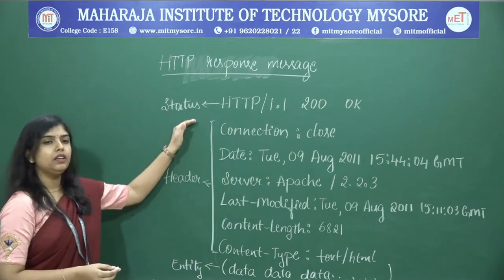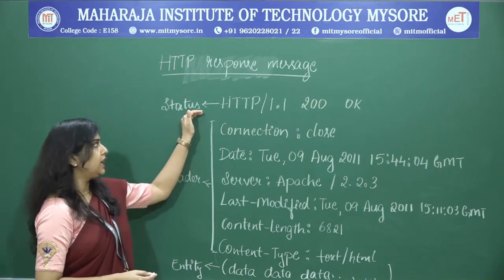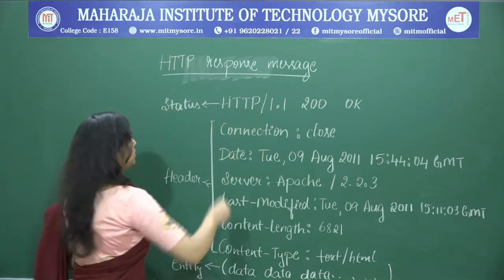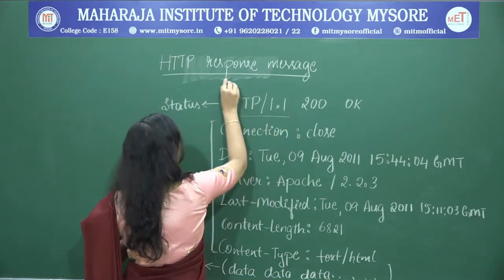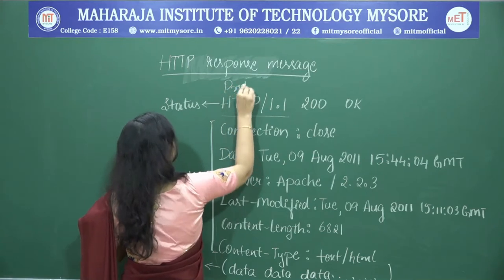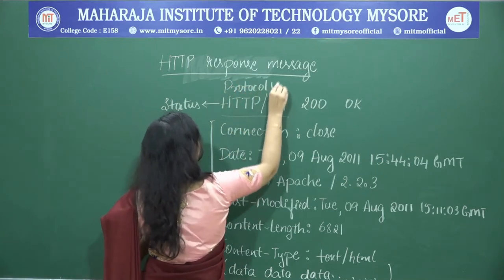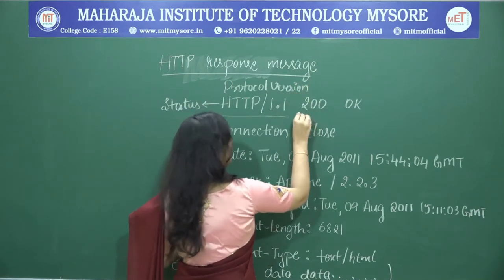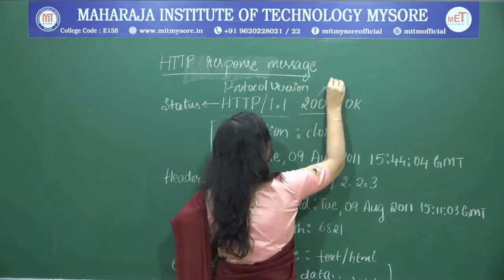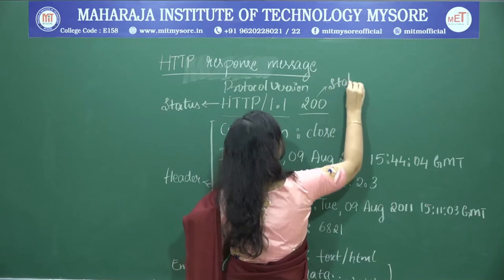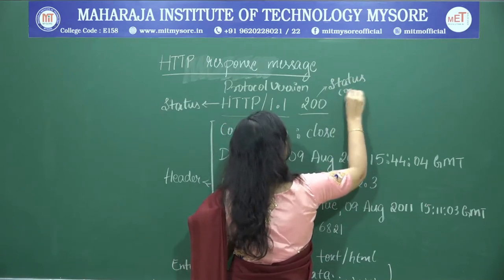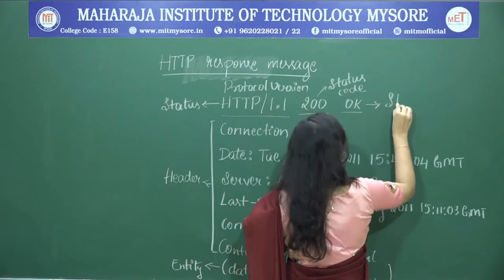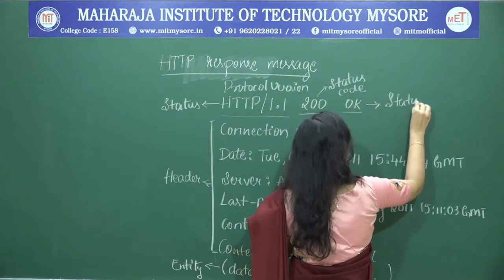Now we will see the status line. The status line is divided into again 3 parts. The first one is called protocol version. The second one is status code. The third one is called status information.